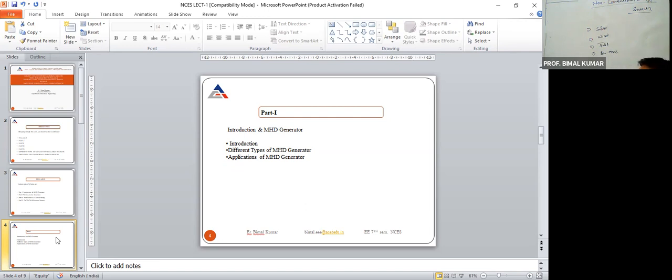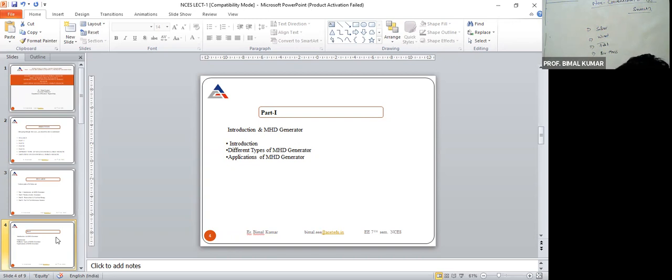The principle remains the same: whenever the conducting fluid is passed through the north and south pole, an EMF will be generated across the ions of that conducting fluid, right? That we will discuss in detail.